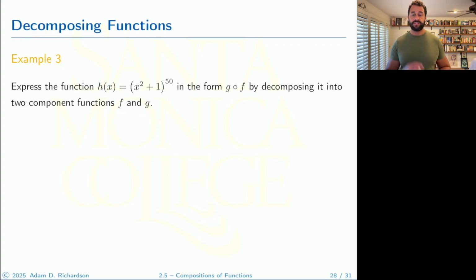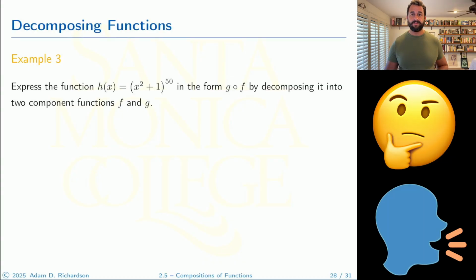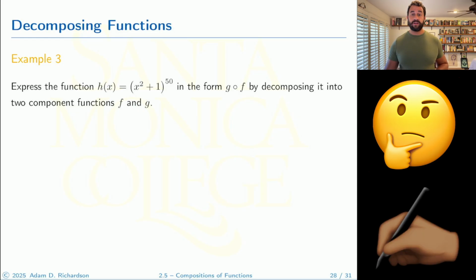And just remember, there's a nesting going on. There's an inner function and an outer function. So think about this for a moment. Say something out loud about what you would try. Maybe try to identify f and g, and then try to work it out on your own. We'll do it together in a moment.